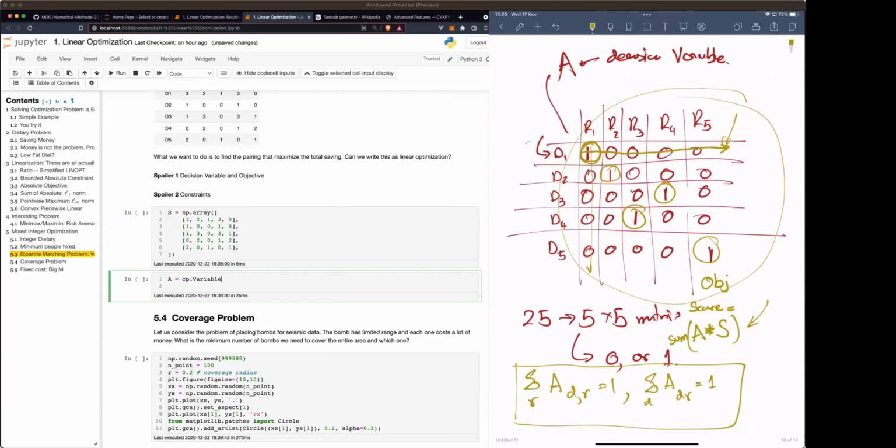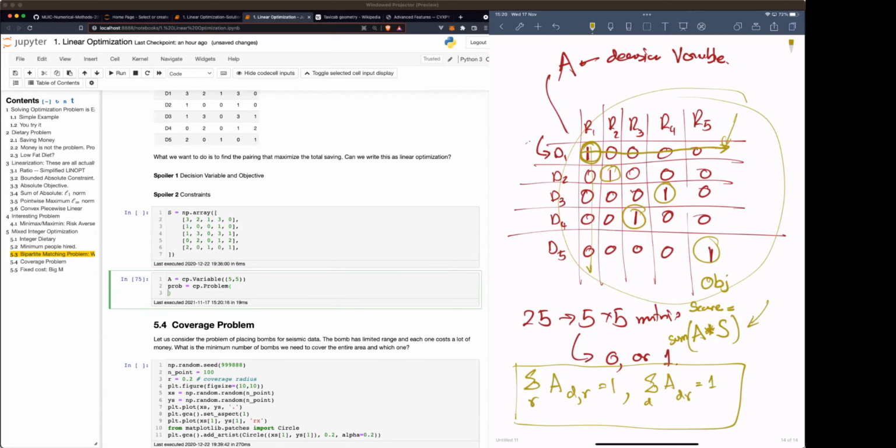cp.Variable, and it's 5 by 5, right? So that's your A. Now your problem is going to be cp.Problem.